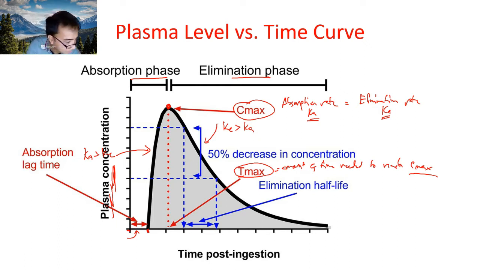Right? We'll talk more about that later. Okay, pero basically, class, Tmax is the time needed to reach Cmax. And not only that, Tmax here measures the rate of absorption. Now, I'll explain this later. Okay, we'll explain this more later. Right, pero basically, class, Tmax measures the rate of absorption.